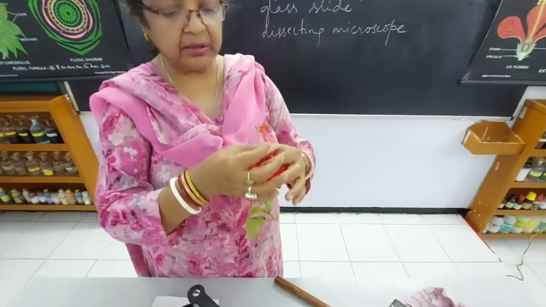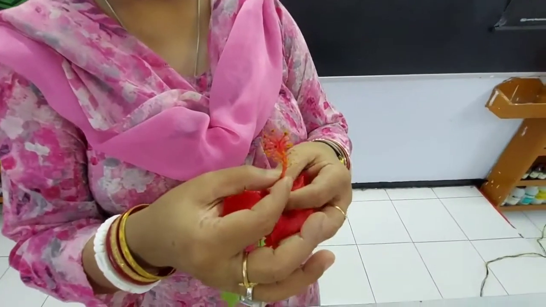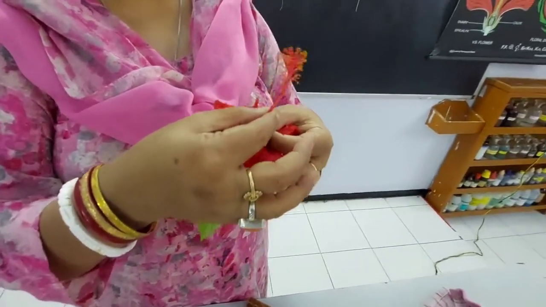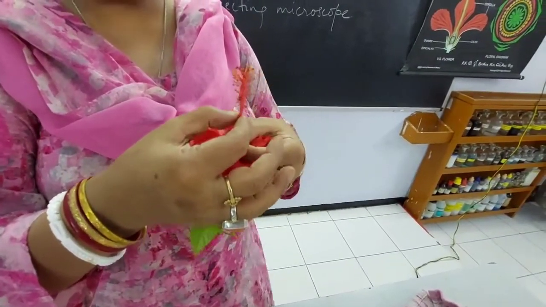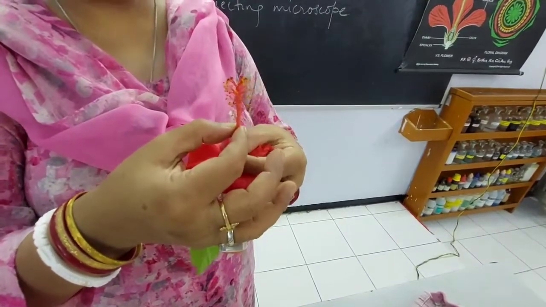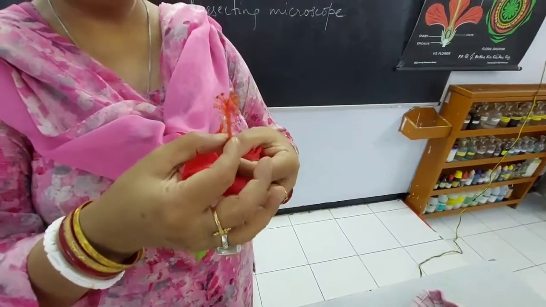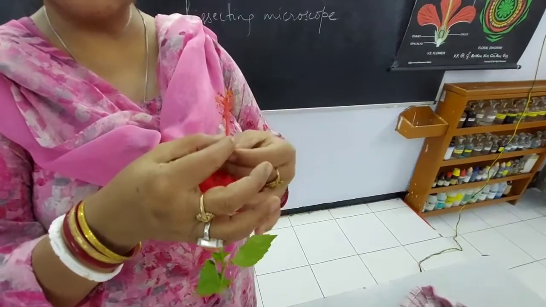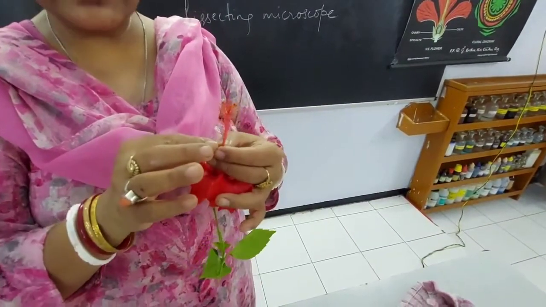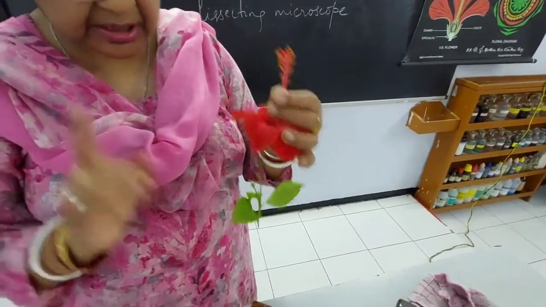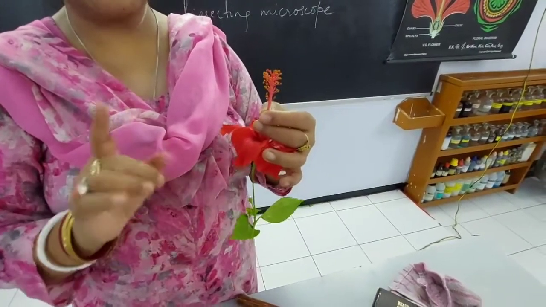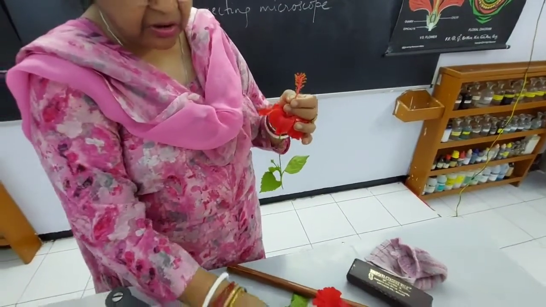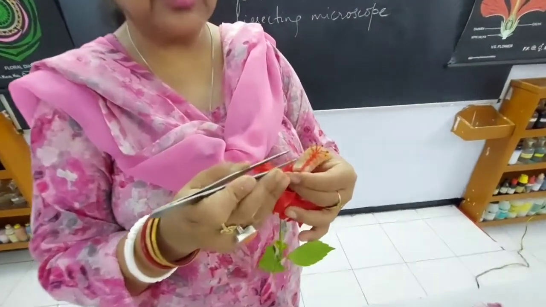Then come to the male part, that is the androecium. In this, the androecium is all joined together to form a staminal tube. You can see this tube-like structure, red in color. This is the staminal tube, and this type of stamen is called monadelphous stamen, because all the filaments are joined together.